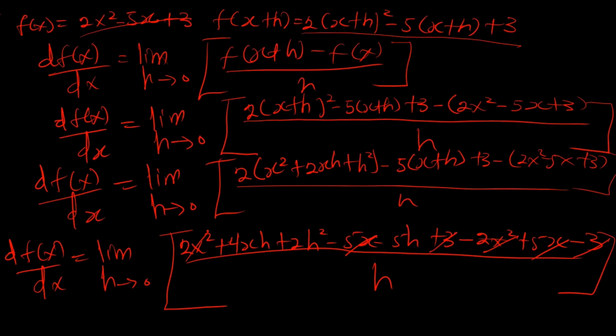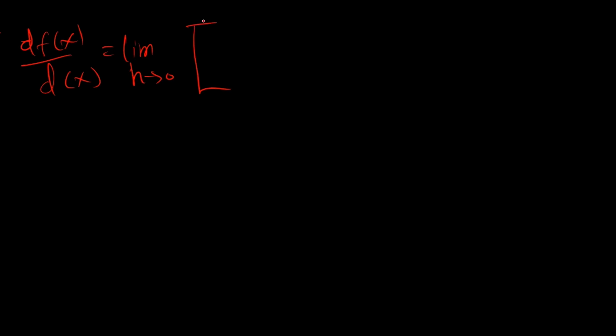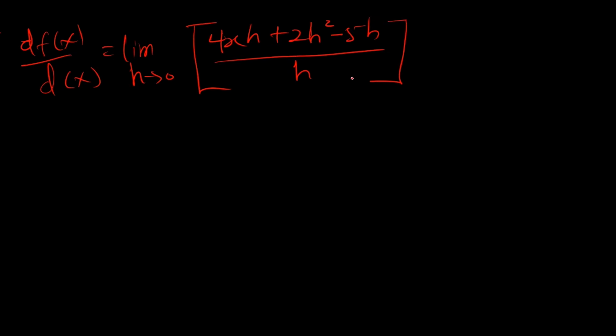Okay, so at the end of the day, we get f prime of x equals the limit as h approaches 0 of 4xh plus 2h squared minus 5h, all over h.